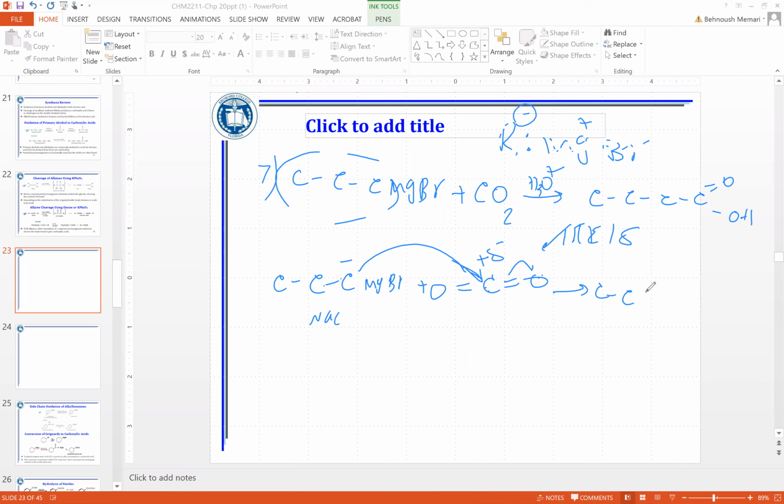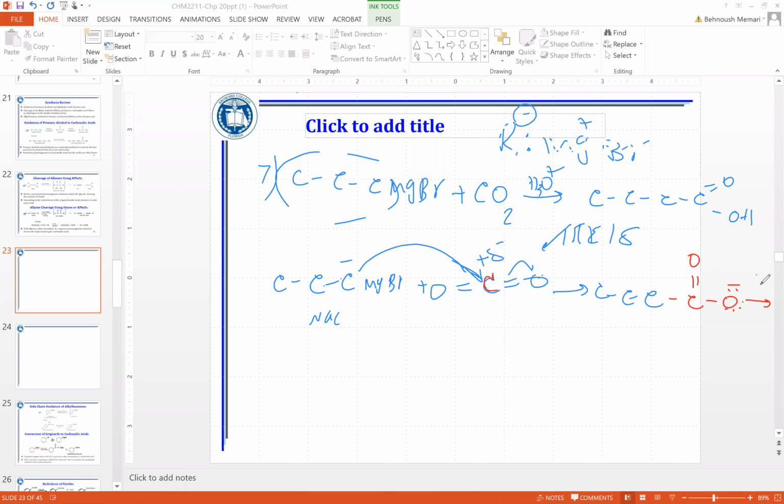So you have your 3 carbons that are coming from Grignard, and then you have 1 carbon that is coming from carbon dioxide. You have a double-bonded oxygen, one of them stays, and the other oxygen is going to have a negative charge, because the pi bond breaks over that oxygen.